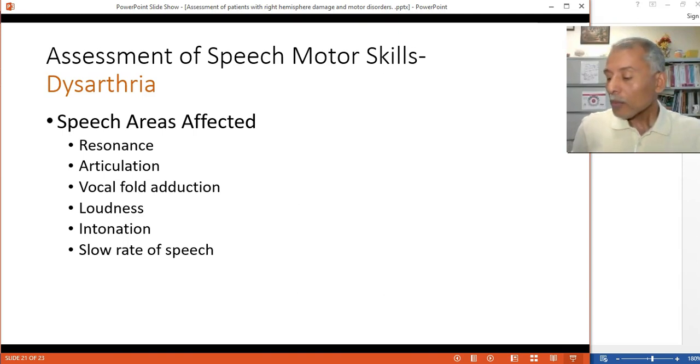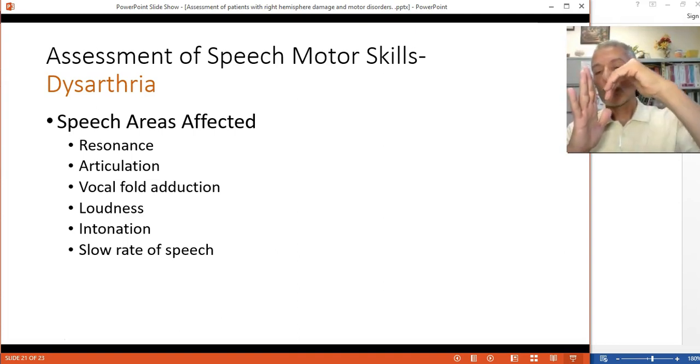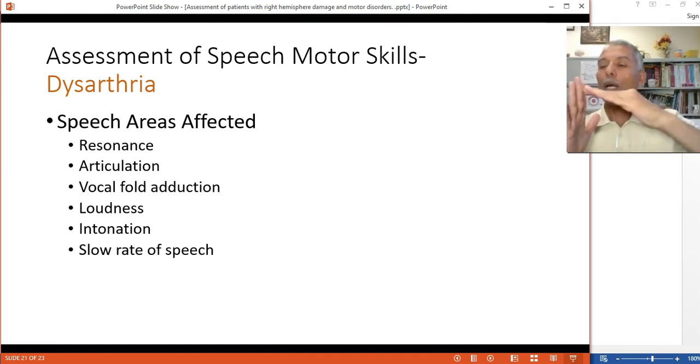So there are three forms of resonance that we describe when we evaluate. Typically, you speak about hypernasality. In hypernasality, the velum is not sealing against the posterior pharyngeal port. So the velum is not closing well.